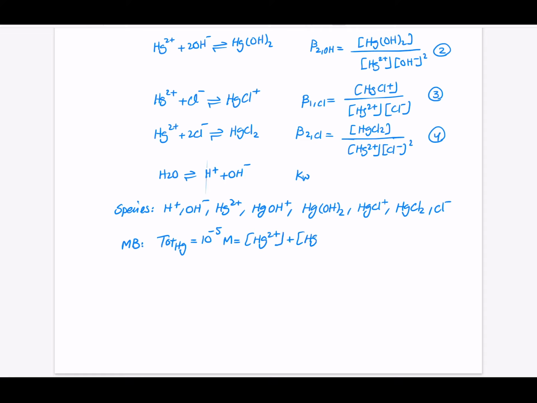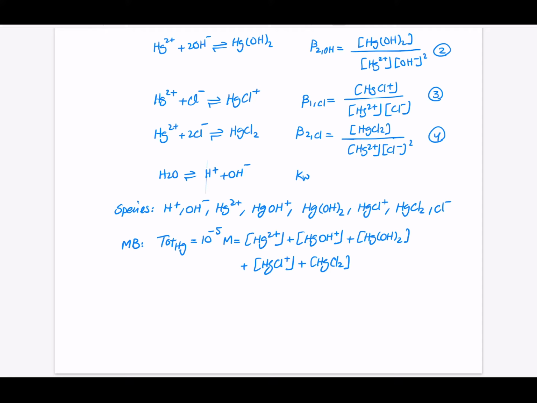Then all the other Hg's basically. HgOH plus, Hg(OH)2. Also HgCl plus plus HgCl2. So all of the species would give me Hg eventually. Or all the Hg that was in the system is a combination of all of these species. And each is introducing 1:1 kind of ratio.